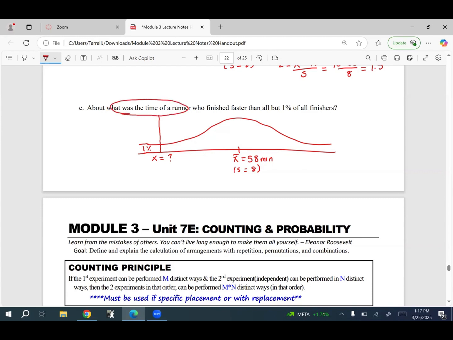I do have this piece that's to the left. I also know that the z-score should be negative. And the reason why I know that is because we're to the left of the mean. We're below the mean. So what I'm going to do is I'm going to work backwards. I do have an area that's from the left. This as a decimal would be 0.01.